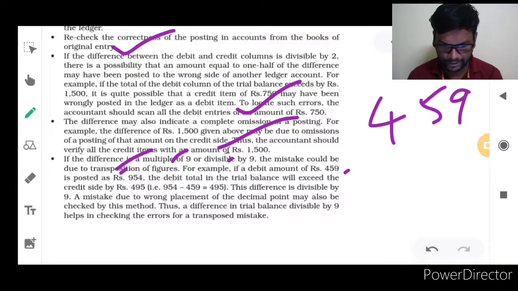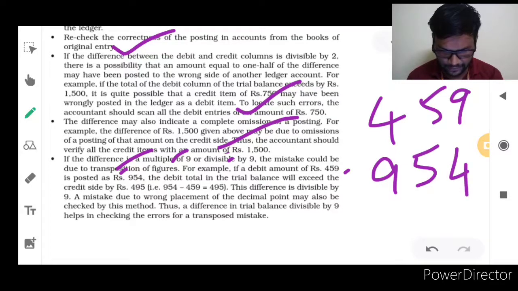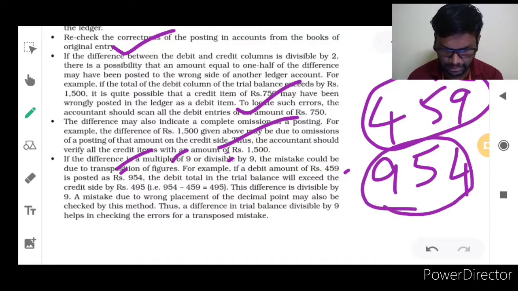Actually they should enter 459 on the debit side of the trial balance, but instead they wrote 954 rupees. 459 is divisible by 9, and at the same time 954 is also divisible by 9. And the figures, the numbers, are the same. You look at this: 4 is here, 4 is here; 5 is here, 5 is here; 9 is here, 9 is here. It is transposition.